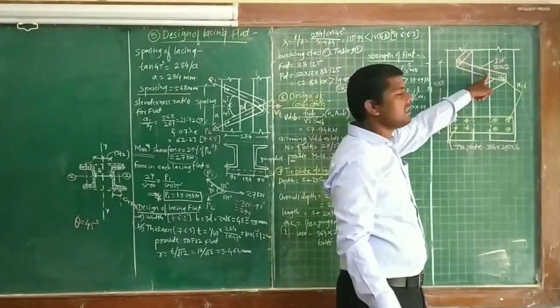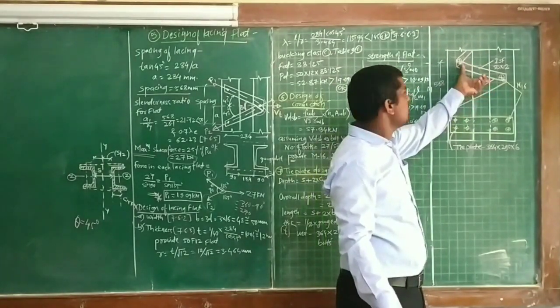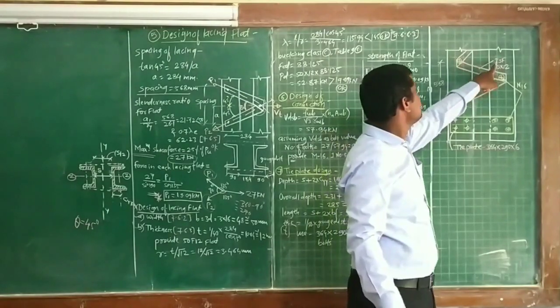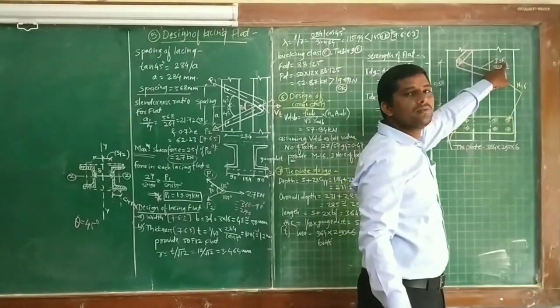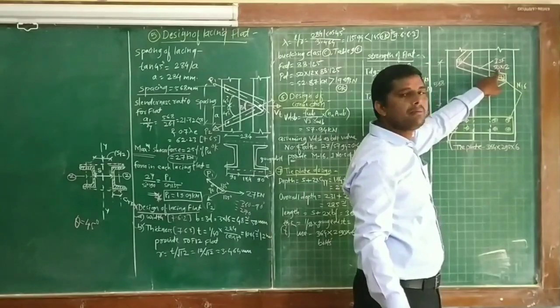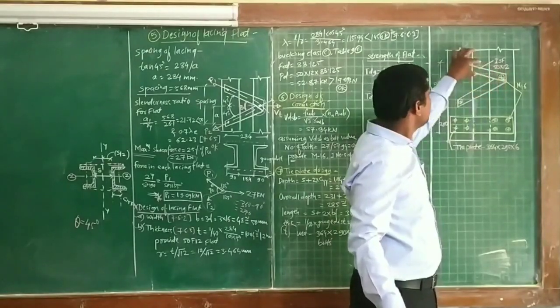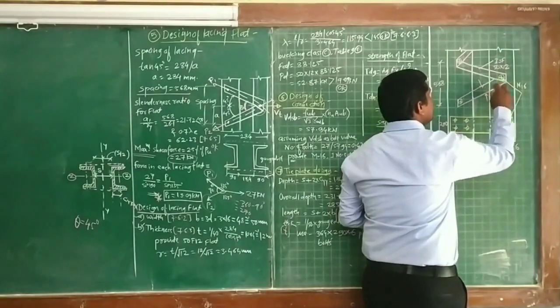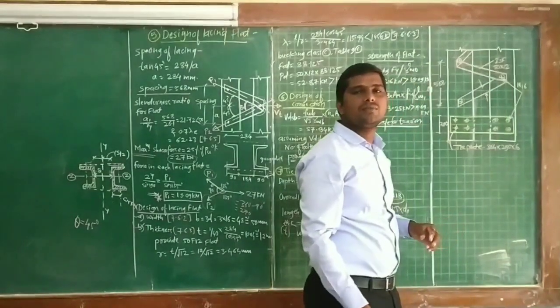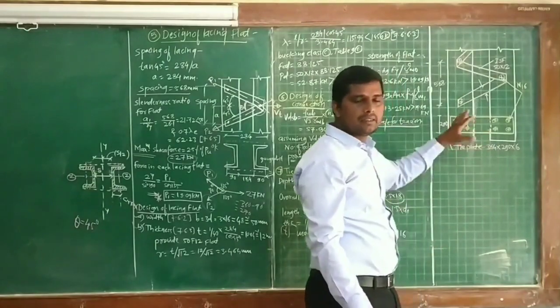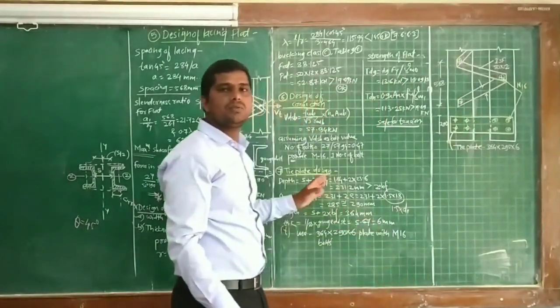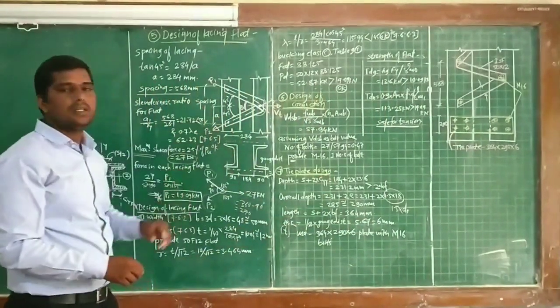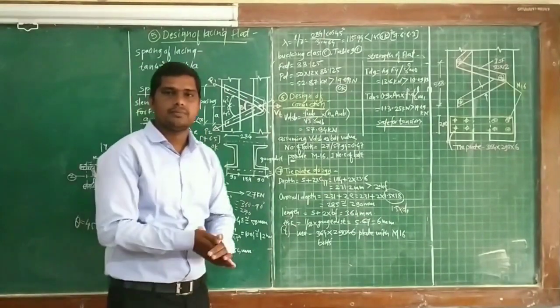The dimension of this lacing flat bar is ISF, Indian Standard Flat, 50 mm width and 12 mm thickness. This is the overall solution for this design of the lacing system. Thank you.